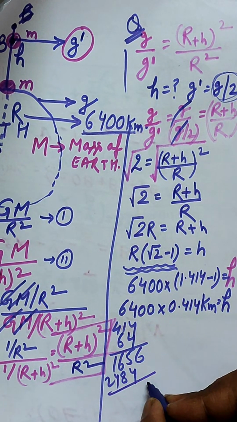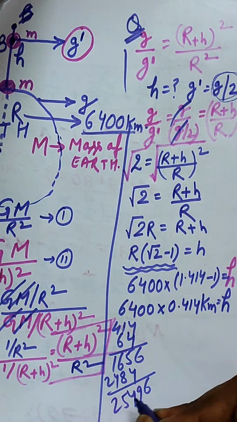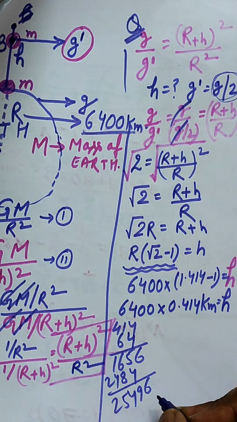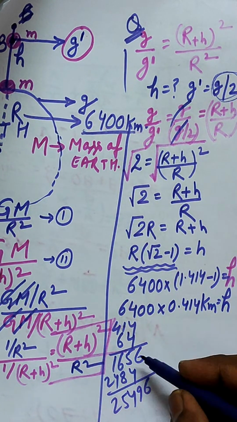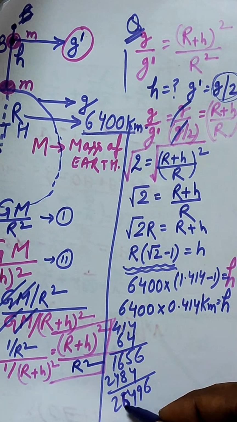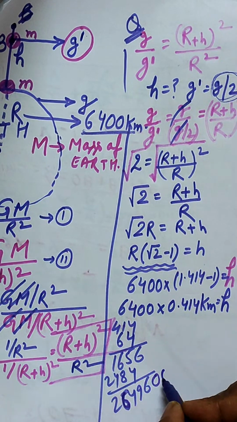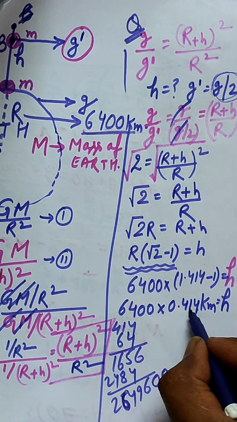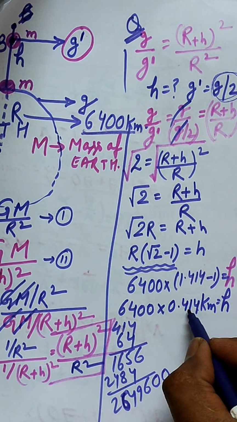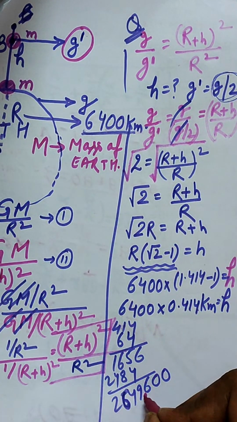So this will be coming as 26496, and 2 zeros of this 6400, right? So from 1 2 3, put the decimal after 3 places, so it will be this much.